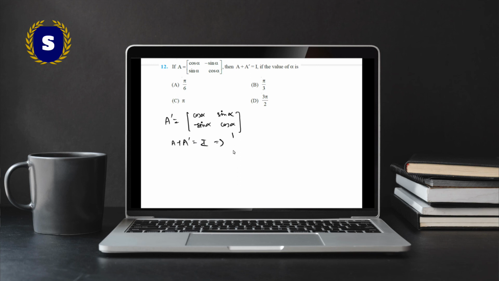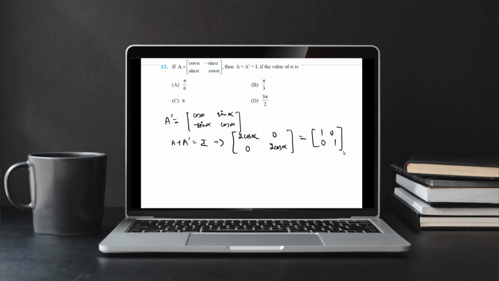So this implies the addition of the two matrices A plus A transpose is, I am writing it directly, 2 cos alpha, adding the first element, then second element is 0, then this is also 0, and this is 2 cos alpha, right? This is equal to the identity matrix, that is 1, 0, 0, 1.